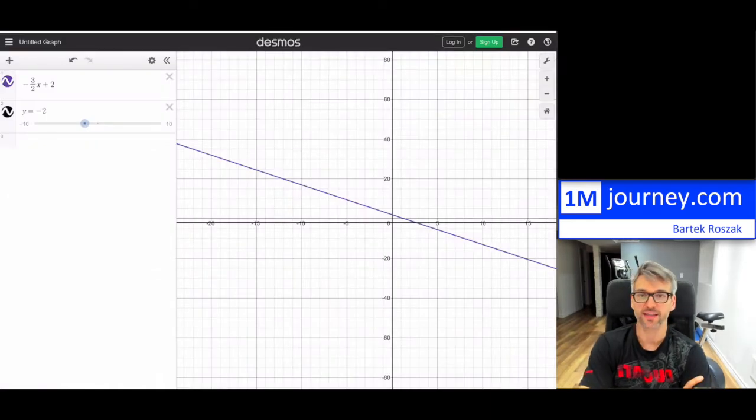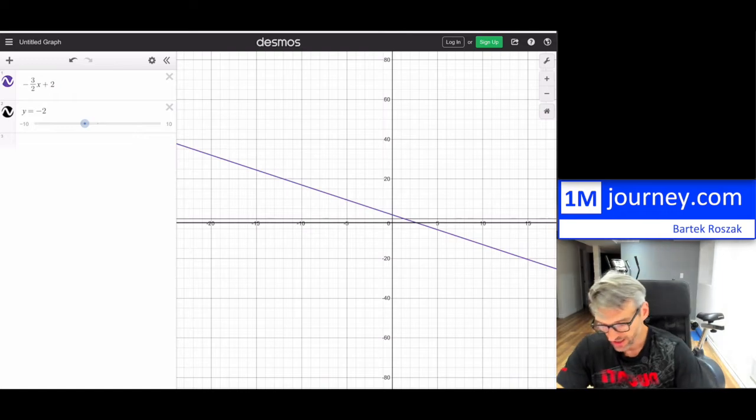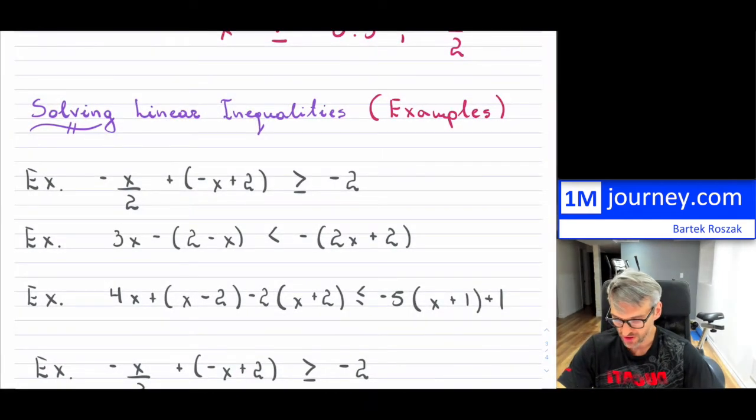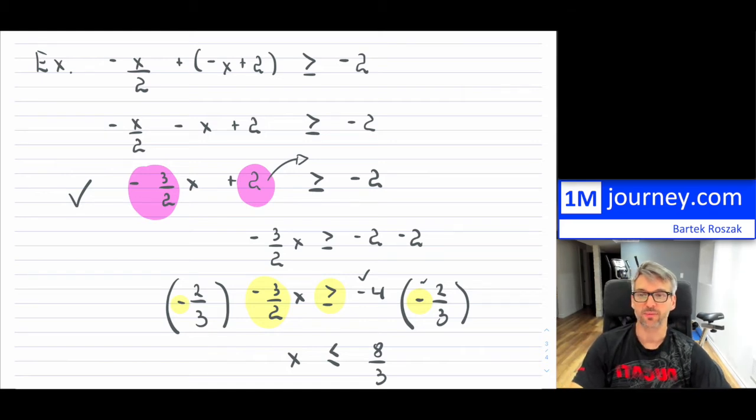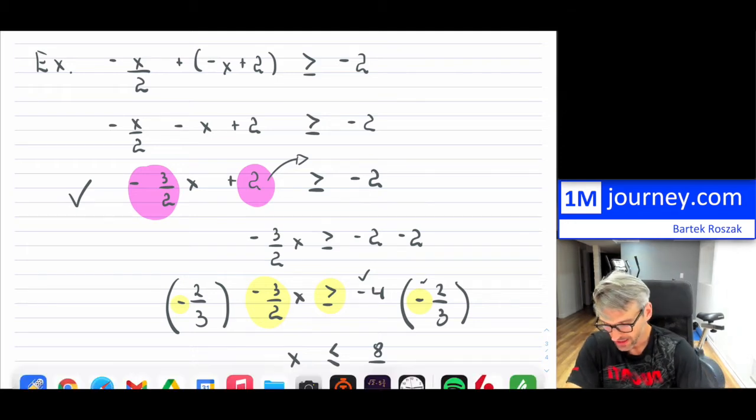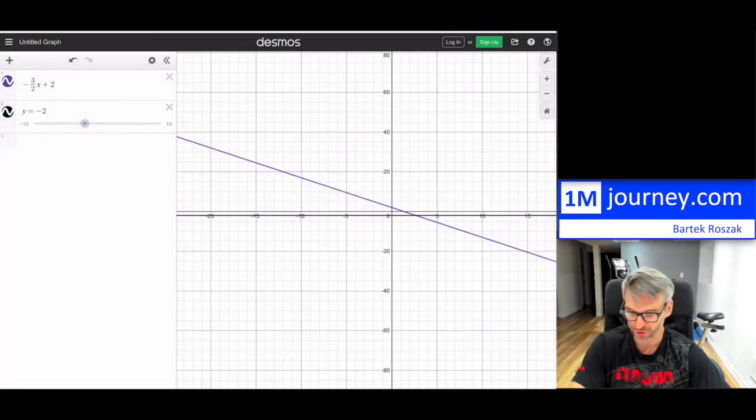And what we're asking for is the inequality in between these two. So notice in here, what we had from that line is that negative 3 over 2 x plus 2 is supposed to be greater than or equal to negative 2. Now, if you plot this, when is this true?